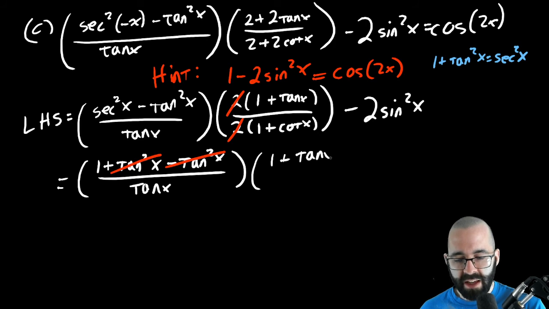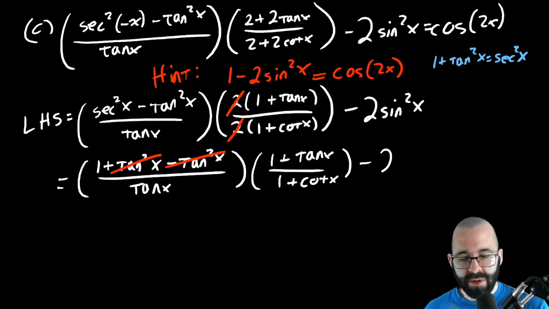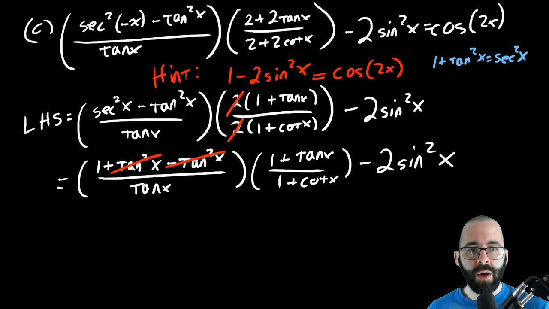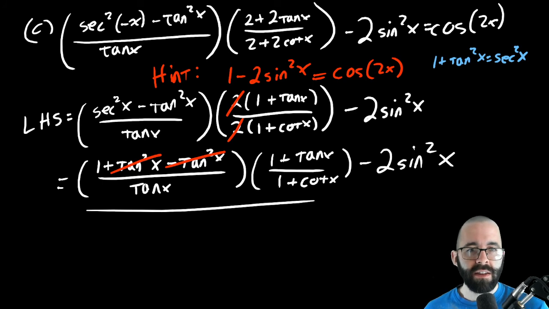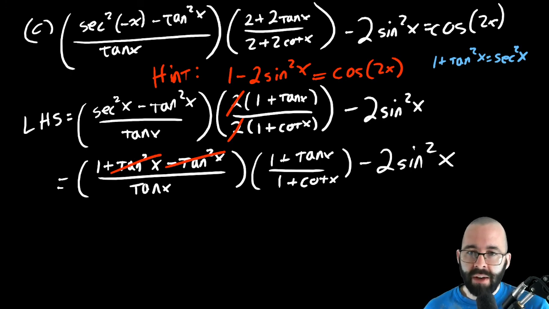The reason I'm thinking about waiting is because if we multiply these fractions together, I'm curious what's going to happen. We're looking at where we're going. Everything's in terms of tangents in this area, so we don't have to put things in sines and cosines. We can. It's a good rule of thumb to put everything in terms of sines and cosines. Sometimes it makes it messier than it has to be, but it's a very good rule of thumb.